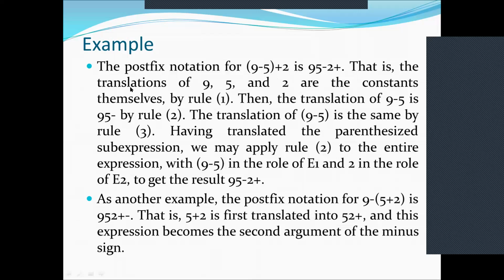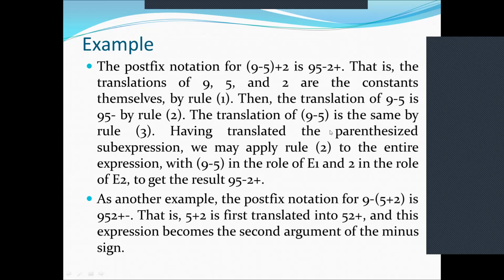That is, the translations of 9, 5 and 2 are the constants themselves by rule 1. Then the translation of 9 - 5 is 9 5 - by rule 2. The translation of the bracketed 9 - 5 is the same by rule 3.